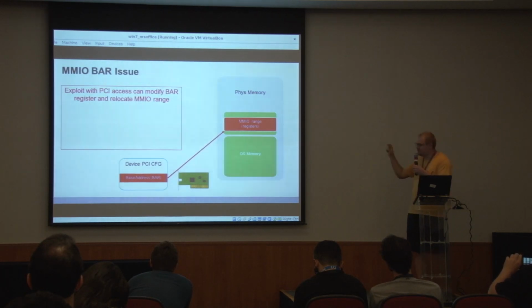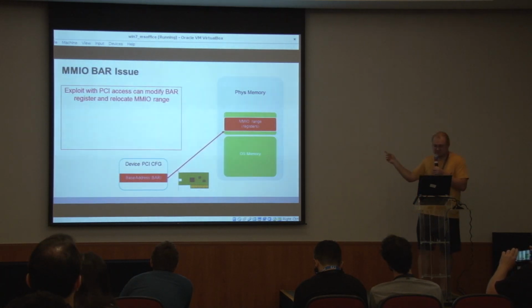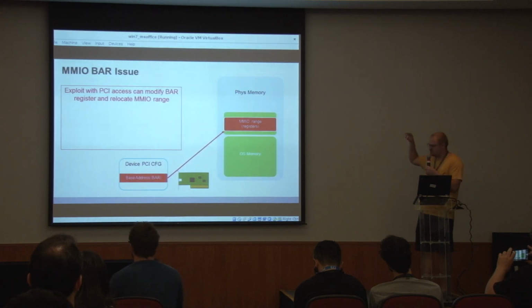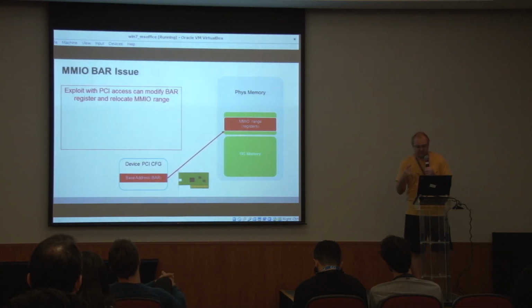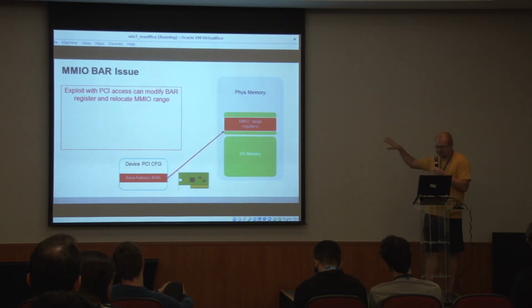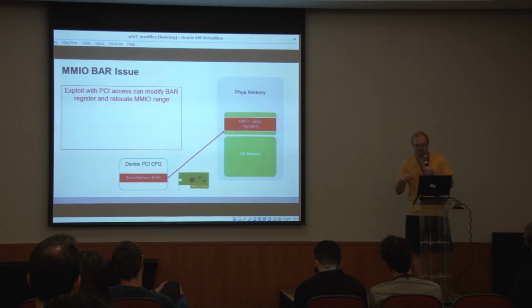When the transaction goes from or to the device, in this case, it will not pass through because of the TSEG protection. But SMM itself has a bunch of SMI handlers which read and write to the devices. Because of that, when you overlap the MMIO range with SMM and trigger SMIs, some of the SMIs may read or write to SMM. So basically, you have a sort of write primitive to SMM.